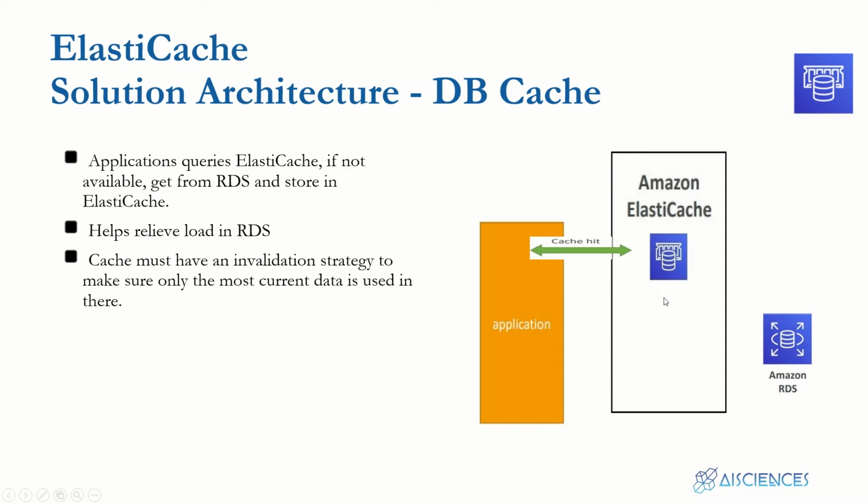Now in the other case, the application queries the Amazon ElastiCache, and if the query is not already within the ElastiCache, then that state will be known as a cache miss. So what will happen in that state? The application would fetch the data from Amazon RDS, it will read the data from the database, and then it will write to the cache, and once it writes, the query will already be over there.